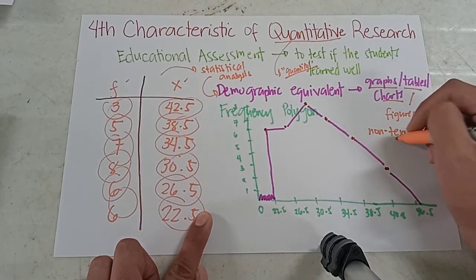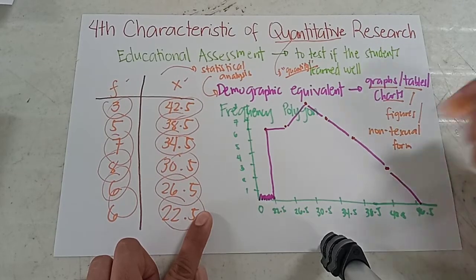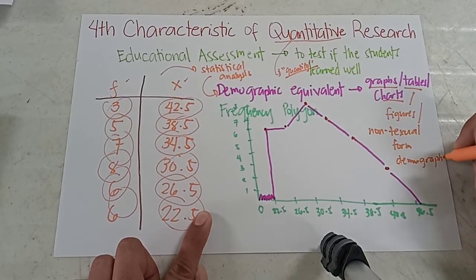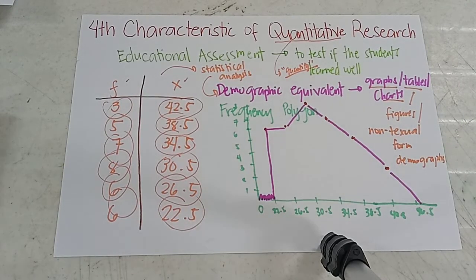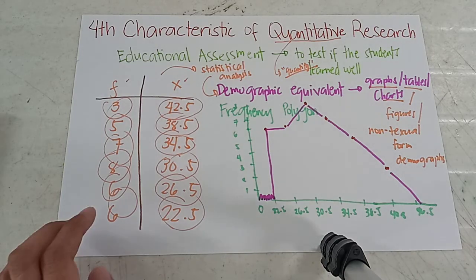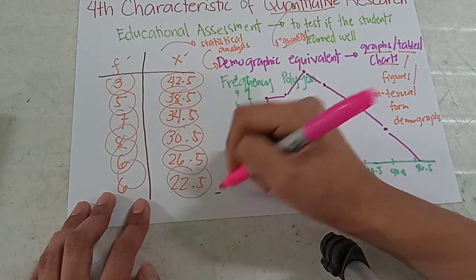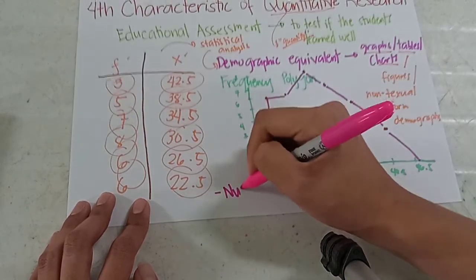Needless to say, the fourth characteristic of quantitative research is that, to make it short, it makes use of numerical data.